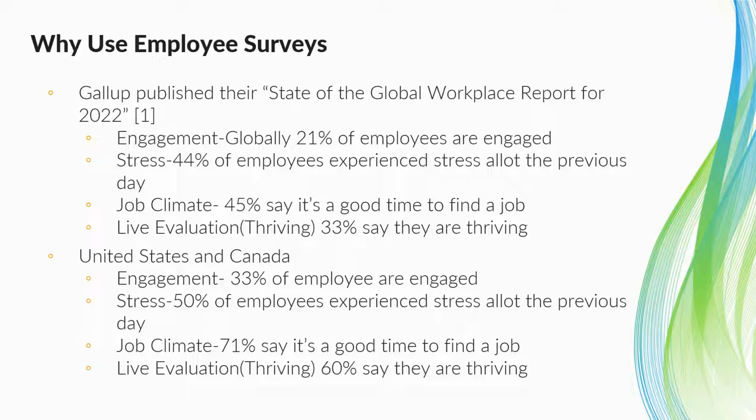And last, 60% of employees surveyed said that they are thriving. Despite having higher stress volumes and higher daily worry than their global counterparts, they still experience higher employee engagement rates and much higher thriving evaluation percentages.